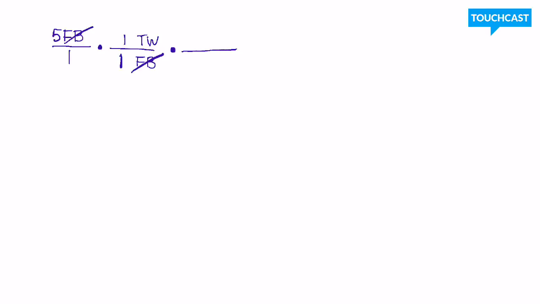So we have the first statement that says there are 20 tum-tum trees in the Tugglywood. So we know we want Tugglywood on the bottom, and we know we want tum-tum trees on the top. So we look back to our statement, we're going to put in what number goes with what one. And so there are 20 tum-tum trees for 1 Tugglywood. So then the Tugglywood unit cancels out.